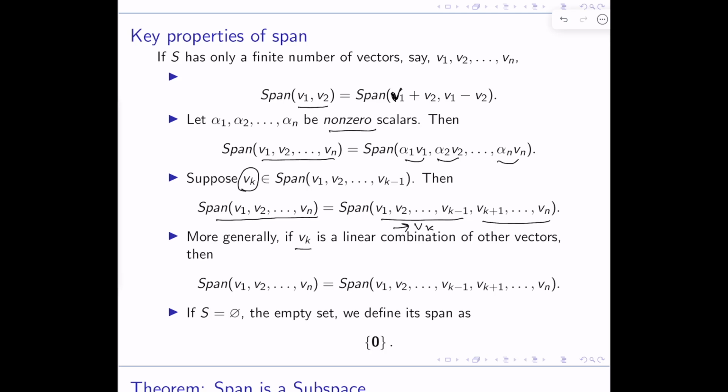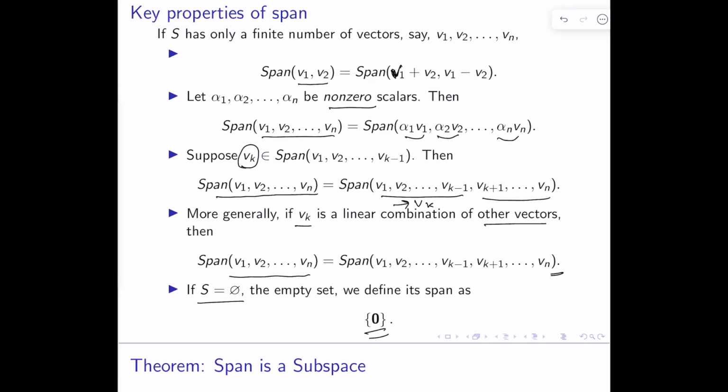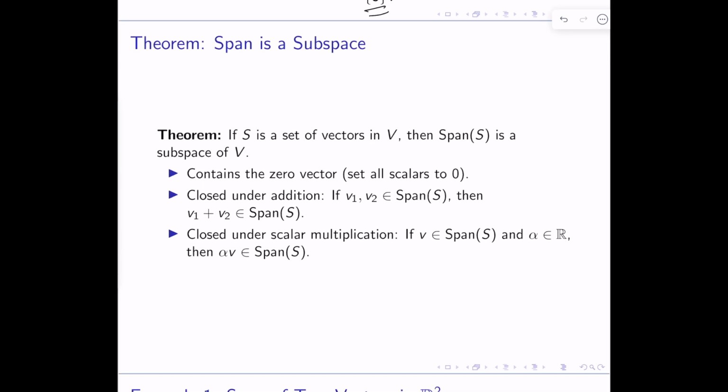More generally, if any Vk is a linear combination of other vectors, then the span remains the same, right? And if S is the empty set, then the span will be the singleton zero vector, right?